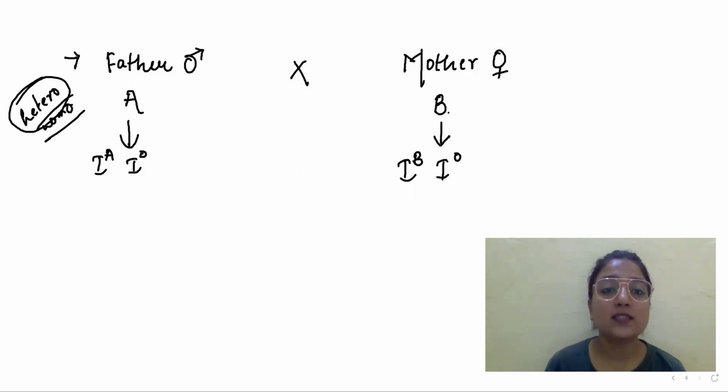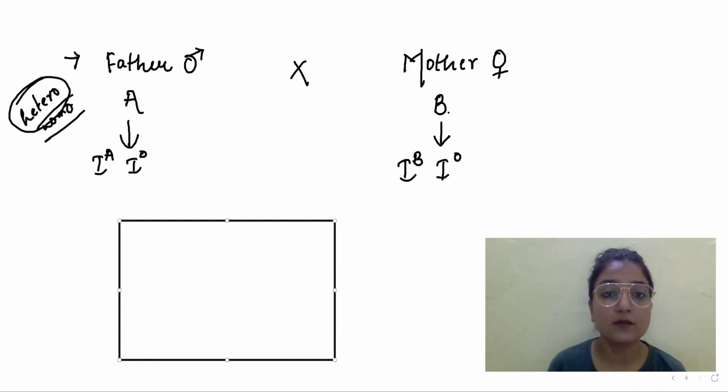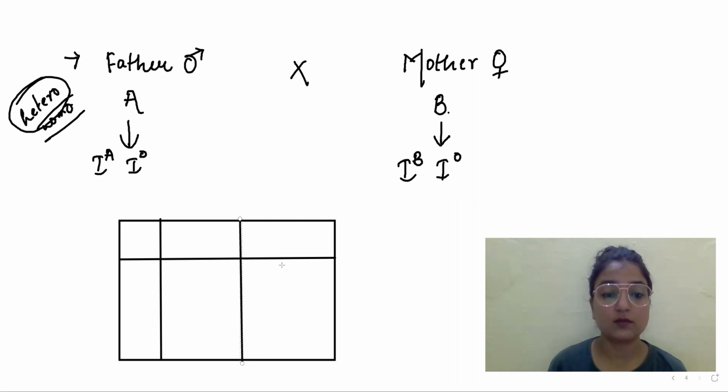Now the next step is to make a Punnett square for the particular organism. You can write male here and female here. There are two alleles for the male, the father: IA and IO.